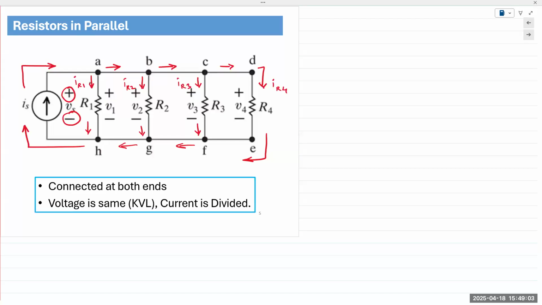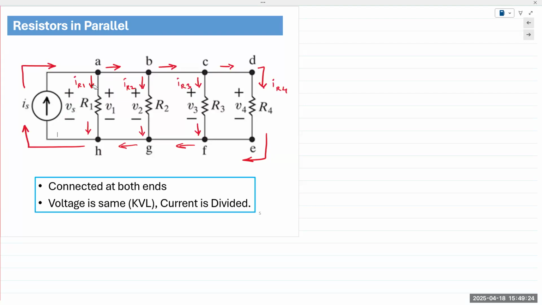Even without looking at the current directions for resistors, we know that the current source is going in the upwards direction. That means current source polarity is minus at the bottom and plus at the top. And because the nodes are exactly the same, all resistors will also have the same polarity.